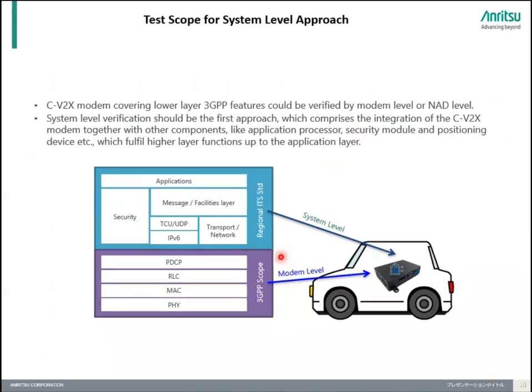This is typically what is done by the one who is developing a CV2X system. They go with an application level test because this is where the software is being developed, and the use cases are being developed and tested to see if the messages are being well exchanged with the other vehicle or not.